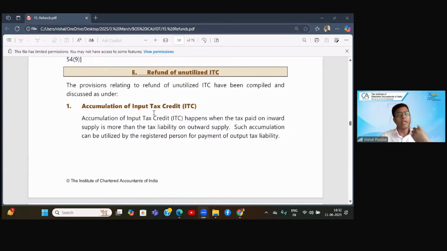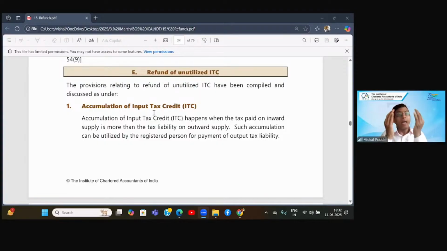So I have tried to answer the first question: why only in case of ITC refunds do I need a working? Because the ITC may be utilized for both types of supplies, one eligible, one not eligible. Interestingly, within not eligible, there could be multiple supplies: domestic supplies, exempt supplies, no supplies, so many things.